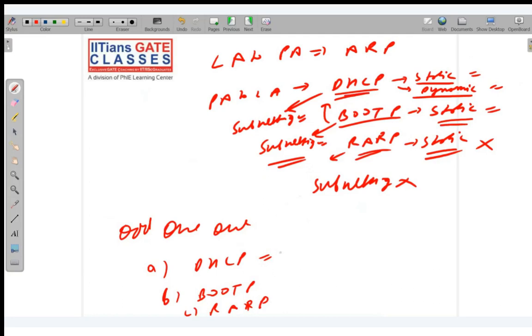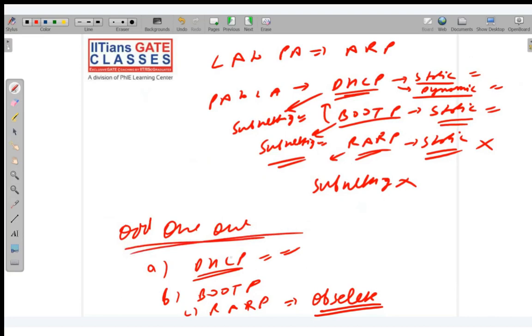Actually it is an ambiguous question, because you can take RARP also, since RARP is obsolete and not used nowadays. BOOTP is also obsolete, but it might be used, while DHCP is regularly used. RARP is not at all used. I think you have got it. So DHCP is basically used nowadays, and it is the most advanced version of the protocol.